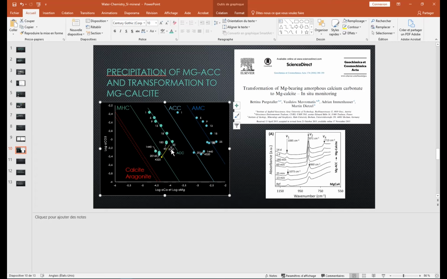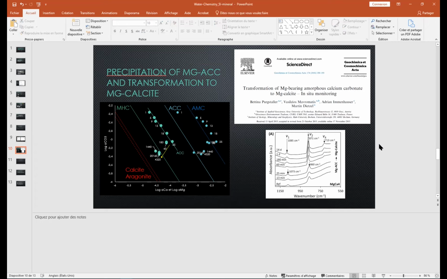You are in equilibrium with different carbonate phases, which are less and less soluble. And then at the end, they have magnesium calcite, and we are close to monohydrocalcite.